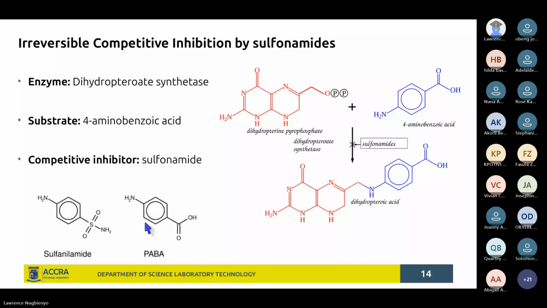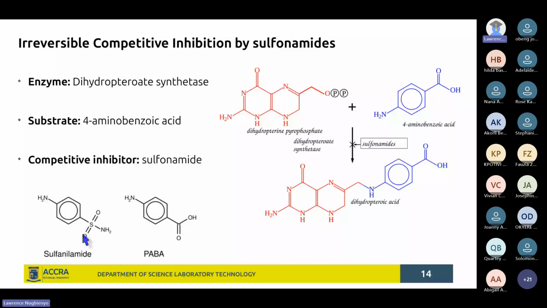So the sulfonamide can bind to the active site of dihydropteroate synthetase and prevent it from acting on para-aminobenzoic acid as a substrate.